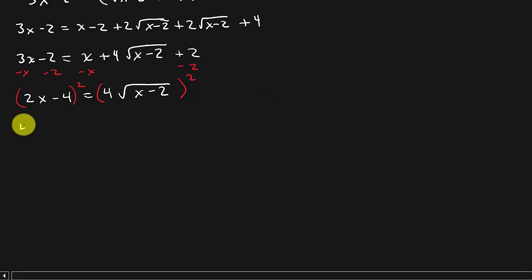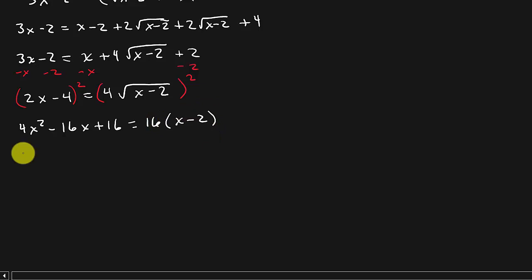All right, so this is going to be 4x squared minus 16x plus 16 equals, and then I've got to square both of them, so that's going to be what? 16, 4 squared is 16, and then square root of x minus 2 squared is x minus 2.